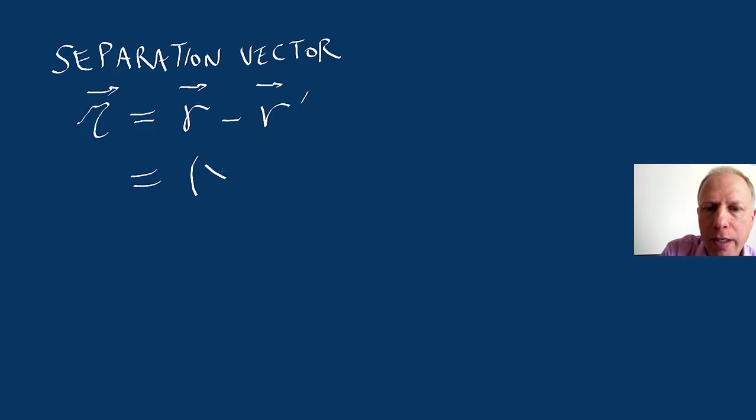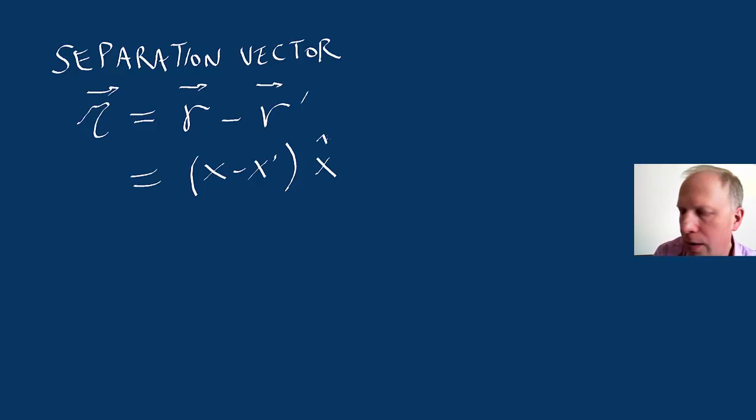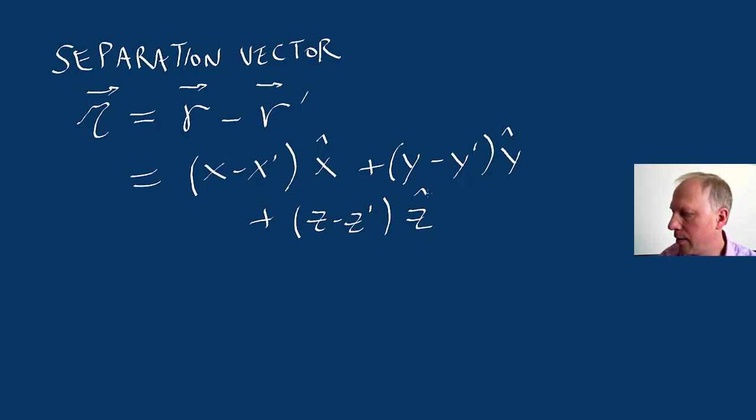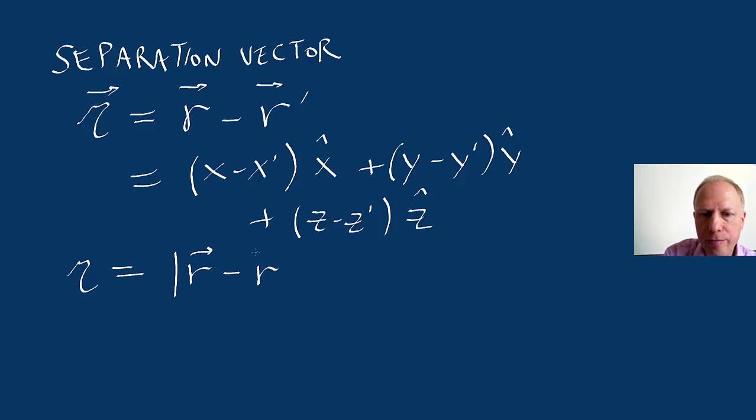In other words, it's x minus x prime x hat plus y minus y prime y hat plus z minus z prime z hat. Script r without an arrow on it means the magnitude of the separation vector.